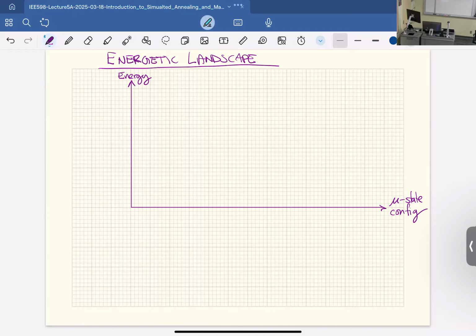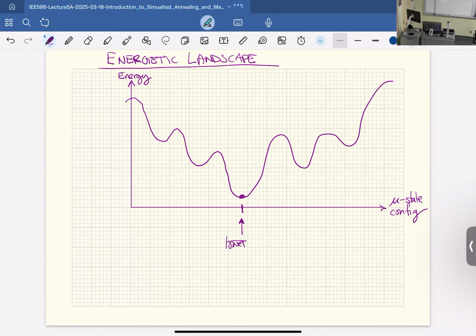And then we've got this energetic landscape that has a bunch of these little valleys, something like that. So this is our lowest energy state here, the lowest energy configuration.